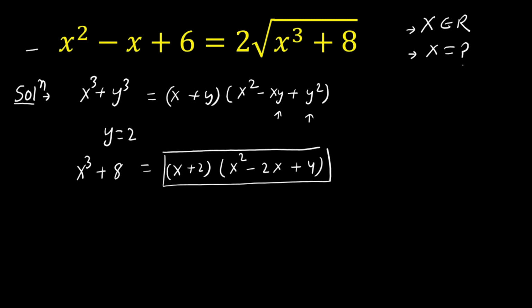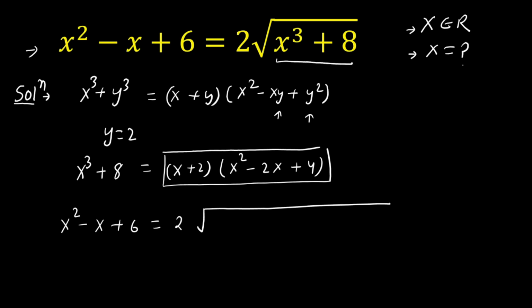Now the given expression is x² − x + 6 = 2√(x³ + 8), and x³ + 8 is replaced by (x + 2)(x² − 2x + 4).